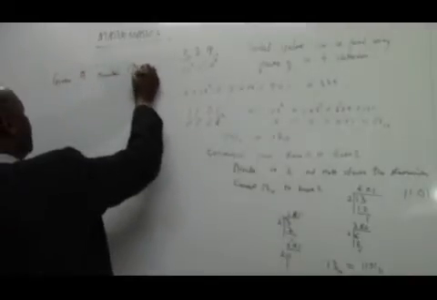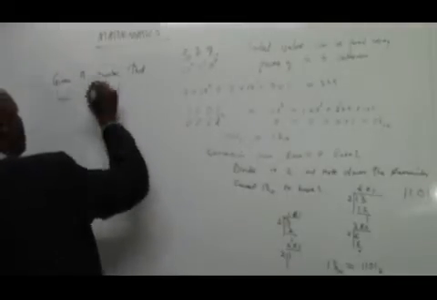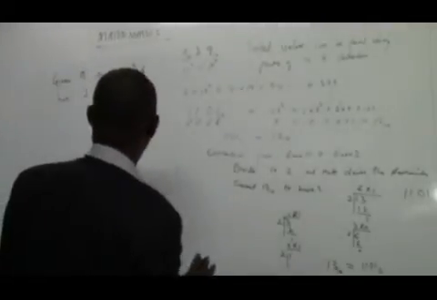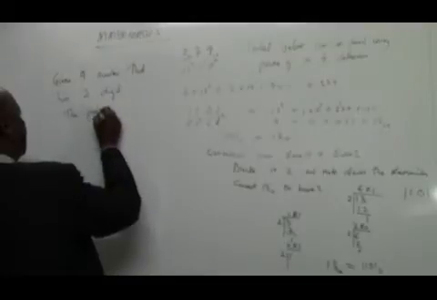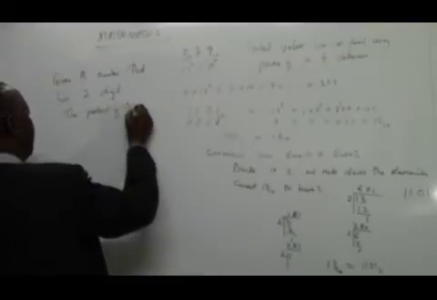Given a number that has 2 digits, the product of the digits is 72.